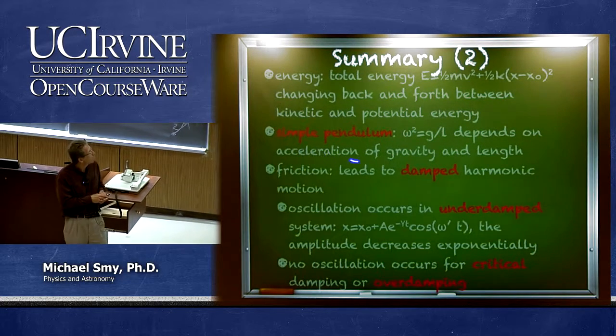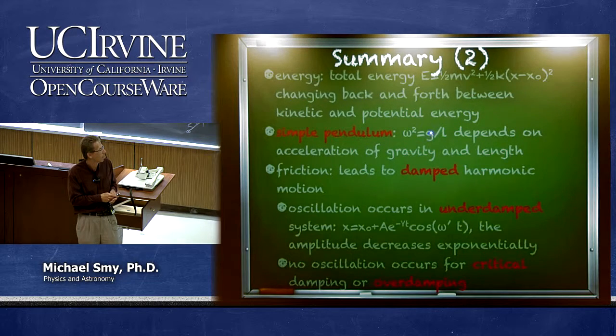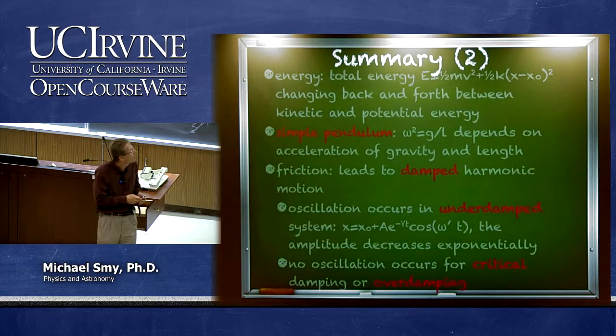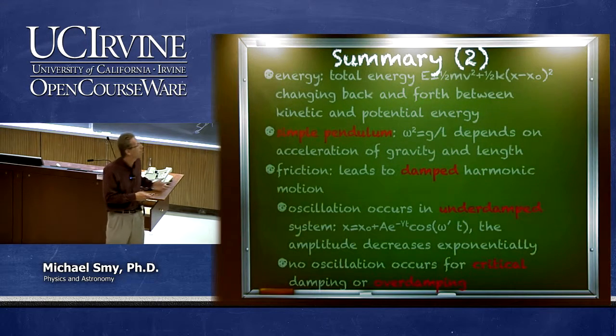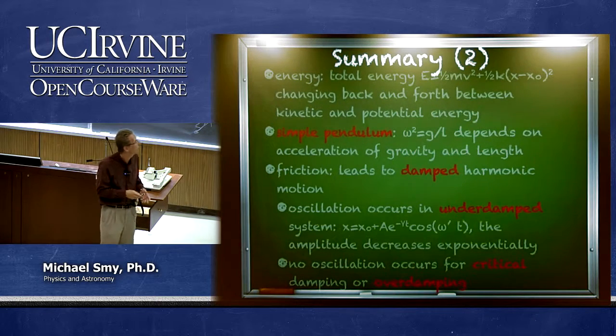In the case of the simple pendulum, we can just replace k with the acceleration of gravity and m with the length of the pendulum, and we get the exact same formulas. And therefore, since omega only depends on gravity and the length, which is easily measurable, one can use it to measure the acceleration of gravity.